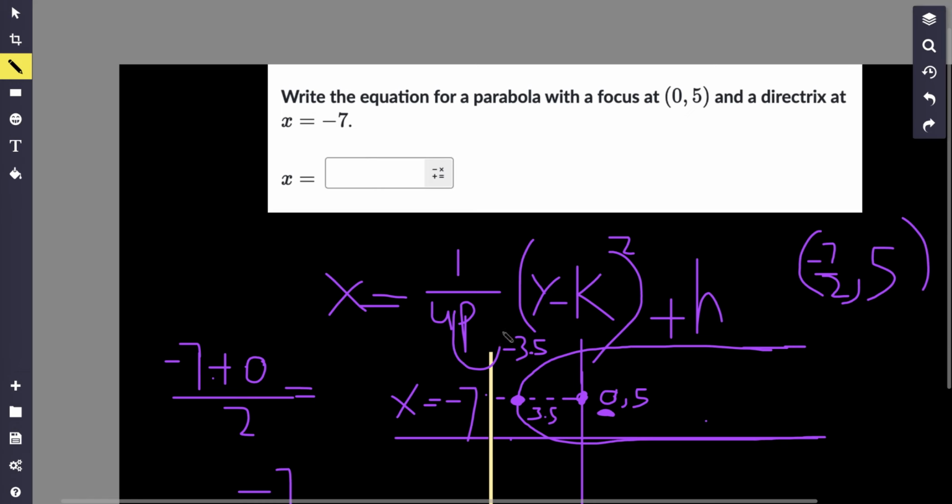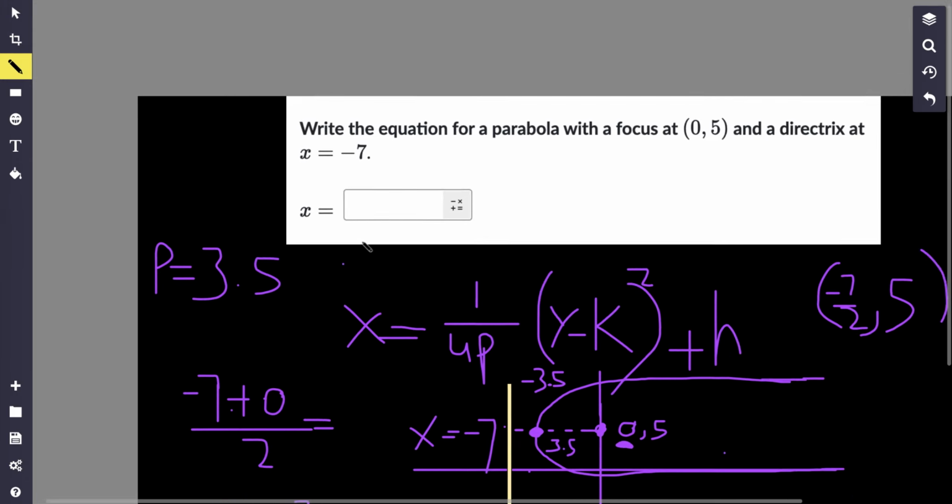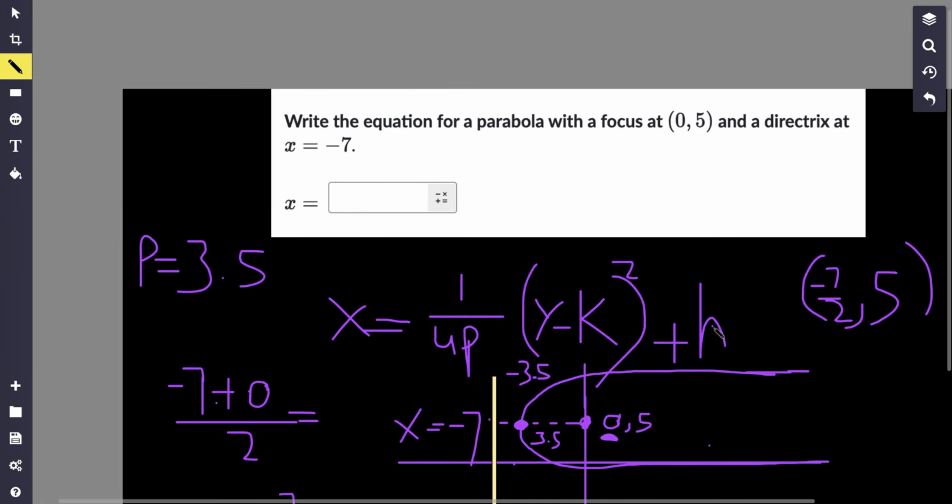So that means that p, which is the distance between the focus and the parabola's vertex, is going to be 3.5. The x value of my vertex is -7/2, and then the y value is going to be 5.